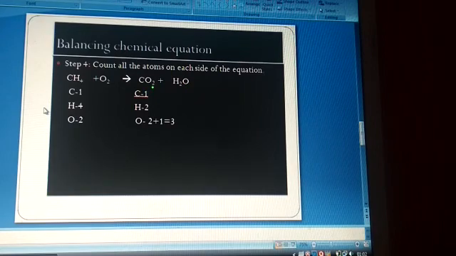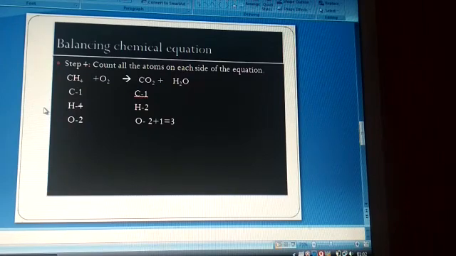So I will count all the numbers, 2 plus 1, that is 3. That is step 4: count all the atoms on each side of the equation. Here oxygen is present in 2 molecules, so we will count all the atoms of oxygen in both places.